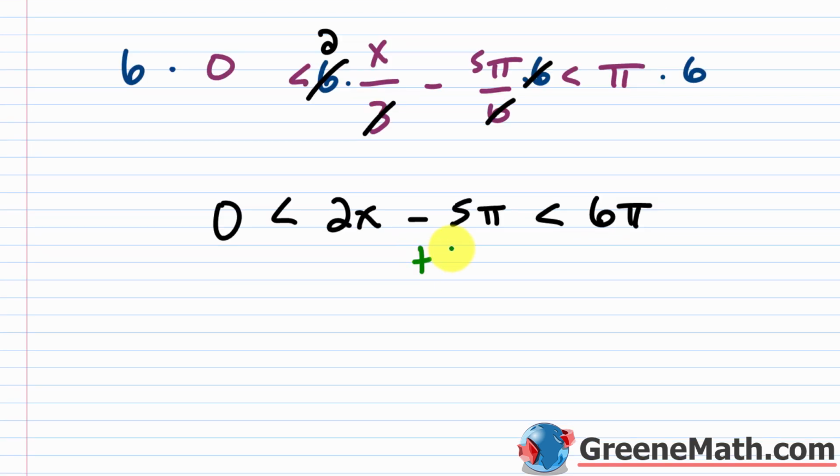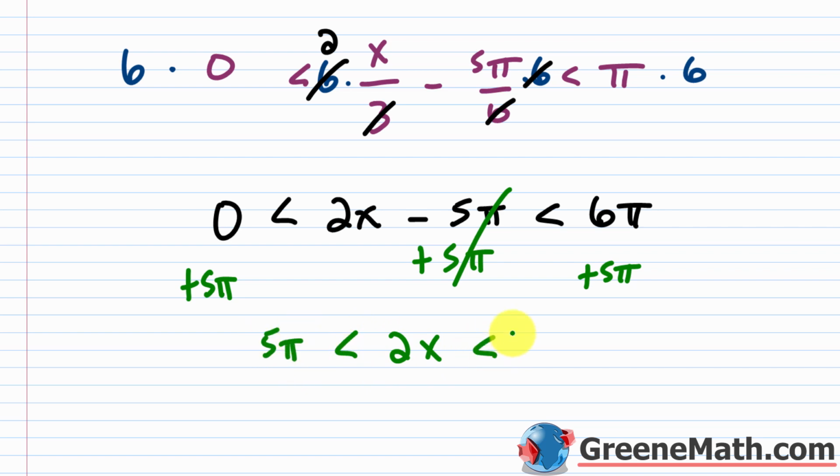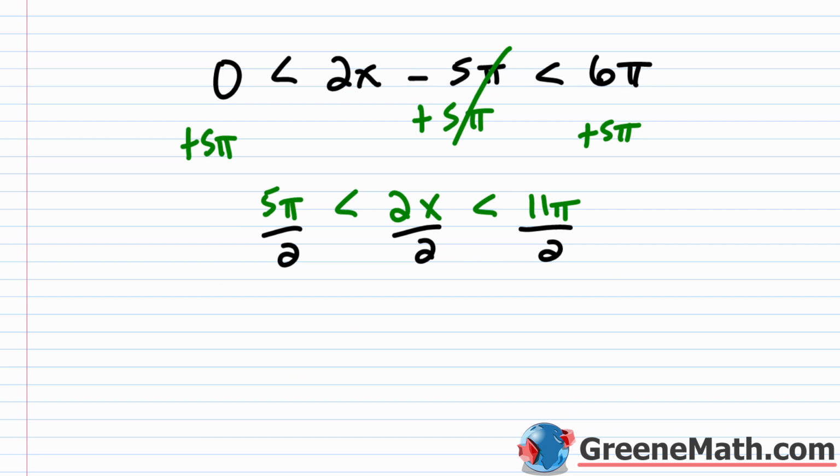All right, so let me add 5 pi to each part here. This cancels. We get 2x is greater than 5 pi and less than 6 pi plus 5 pi, that's 11 pi. Let me divide each part here by 2. And so this is going to cancel.